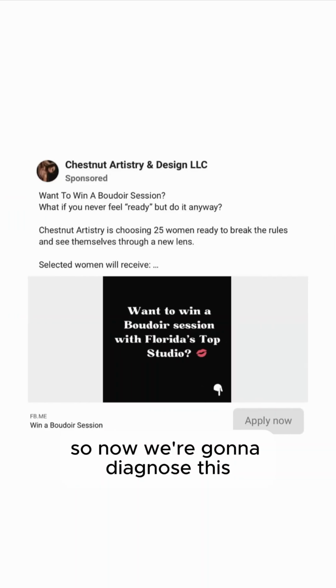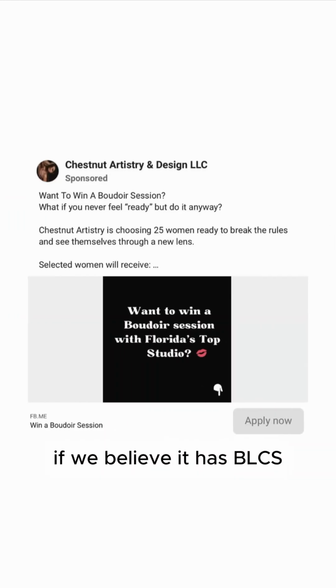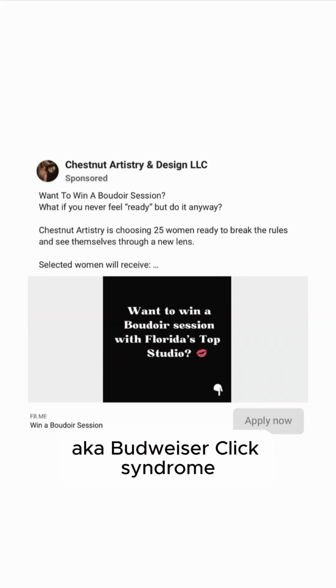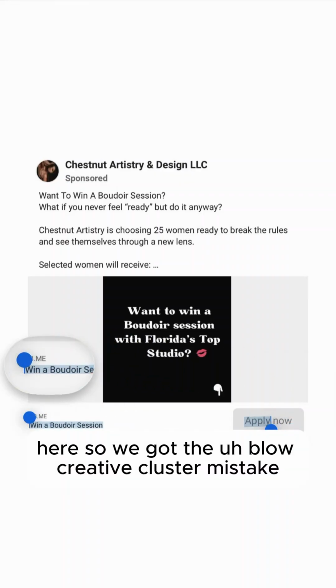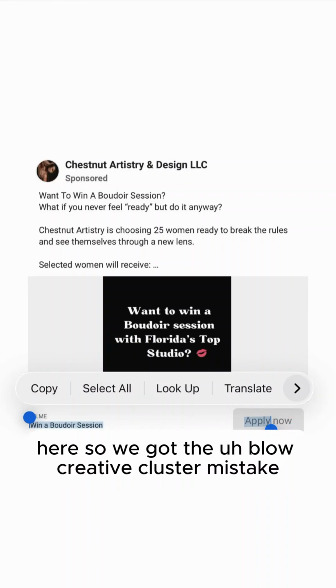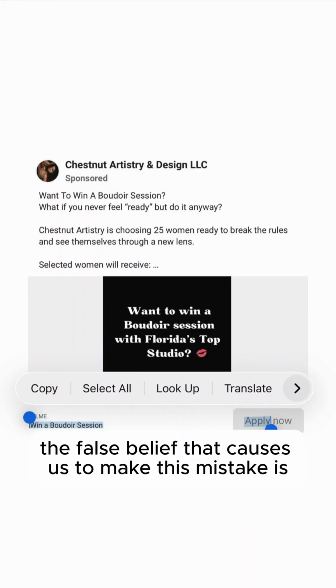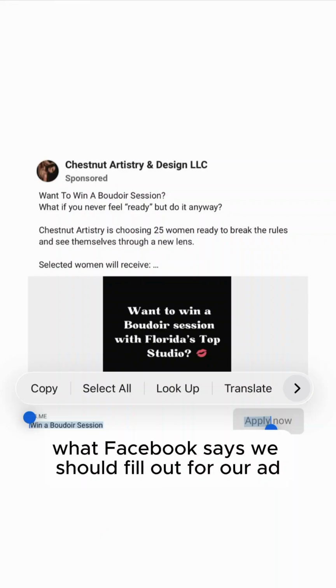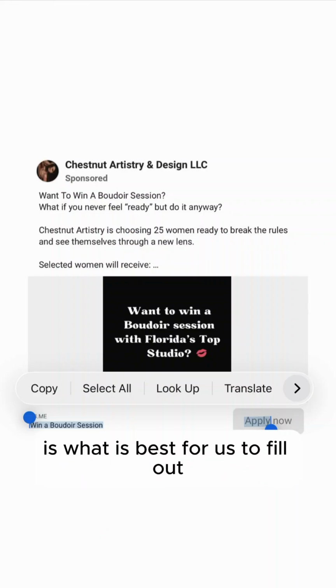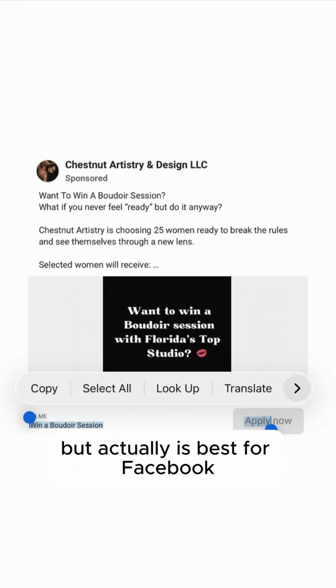Now we're going to diagnose this if we believe it has BLCS, aka Boudoir low click syndrome. So looking here, we've got the below creative cluster mistake. The false belief that causes us to make this mistake is we're trusting that what Facebook says we should fill out for our ad is what is best for us, but actually it's best for Facebook.